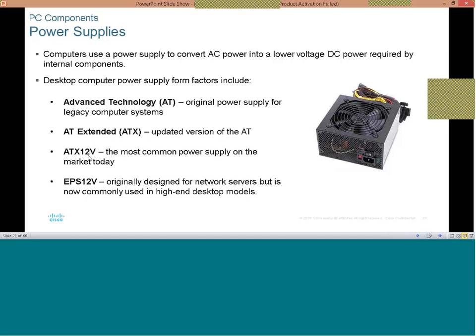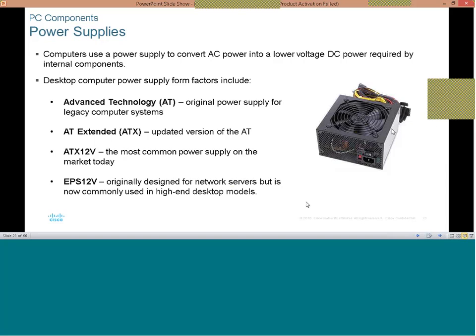We also have the ATX 12 volt. The most common power supply on the market today is the ATX 12 volt, which is the advanced technology extension 12 volt. This takes in 12 volts, and that is what is common currently. Then we have the EPS 12 volt, originally designed for network servers. This is precisely for enterprise servers.